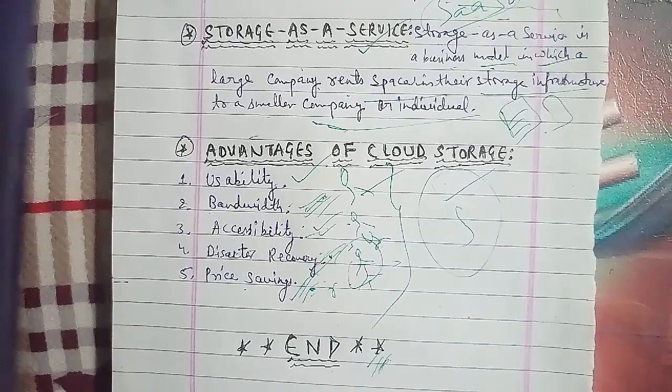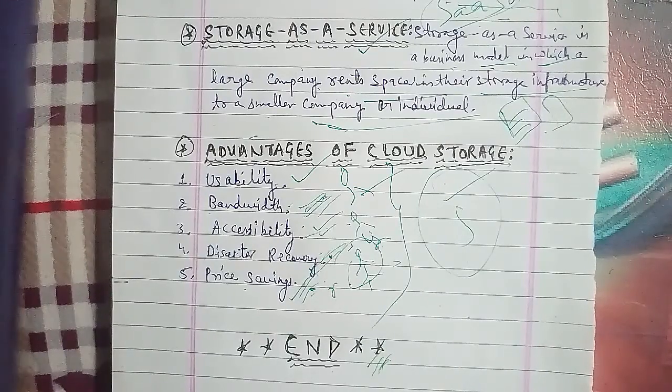Then we have storage. We defined storage and the types of storage. There are two types of storage: first is block storage device, second is file storage device. Then we discussed cloud storage, and the two types of cloud storage: unmanaged cloud storage and managed cloud storage.